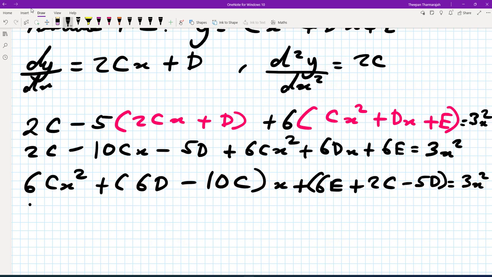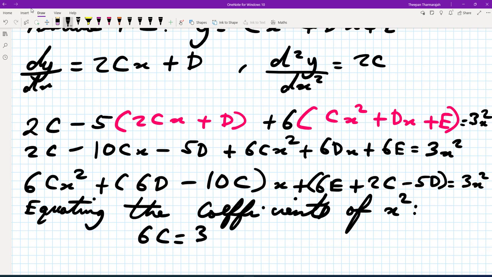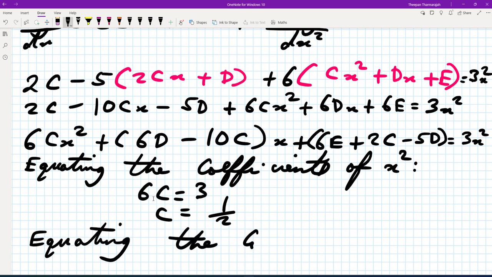So the next step is to equate the coefficients of x squared. We can see that 6c must be equal to 3. So c is a half. Now we're going to equate the coefficients of x.